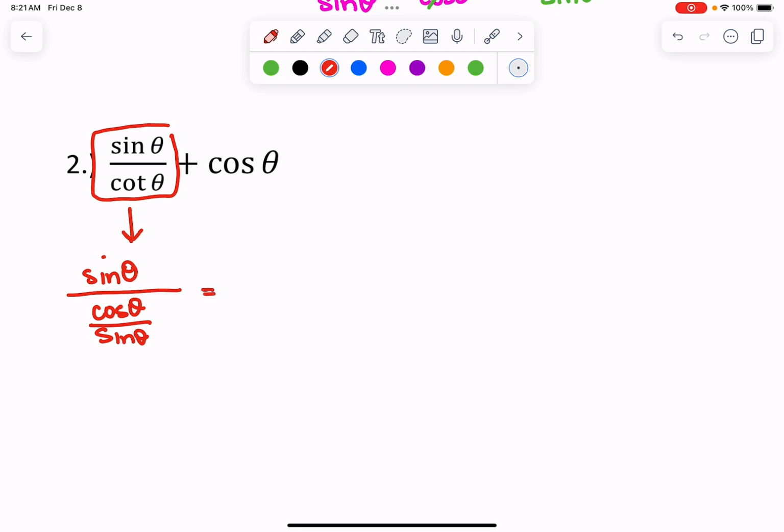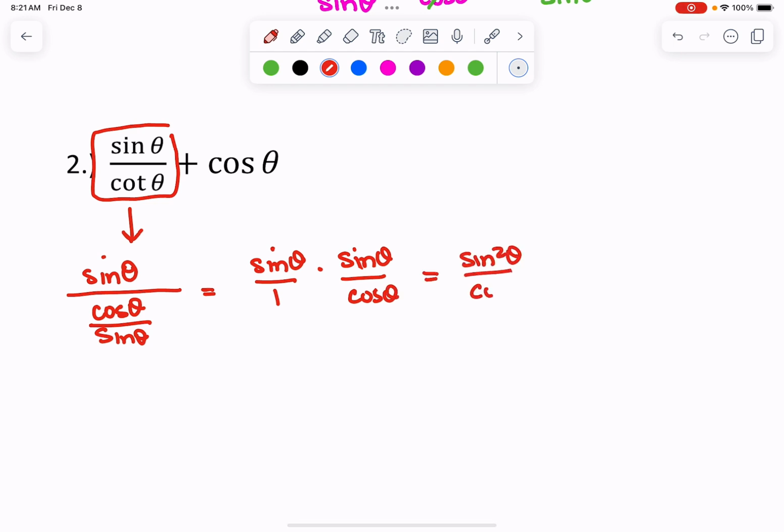If I am dividing fractions, my first fraction stays the same and I flip over my bottom fraction. That's going to give me sine squared over cosine. A little bit easier to deal with.